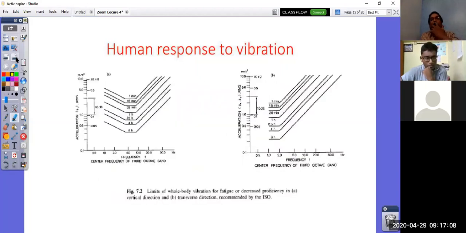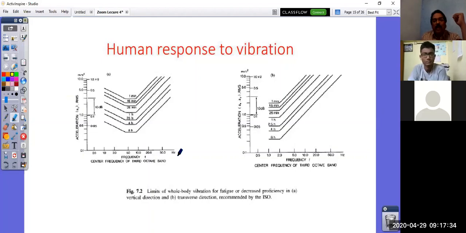So look at here the human response to whole body vibration in vertical direction as well as in transverse direction. So this B graph is for lateral direction as well as for the longitudinal direction. And this A graph is for vertical direction. If you look at these graphs, the vertical axis is acceleration, RMS values, as a function of frequency.